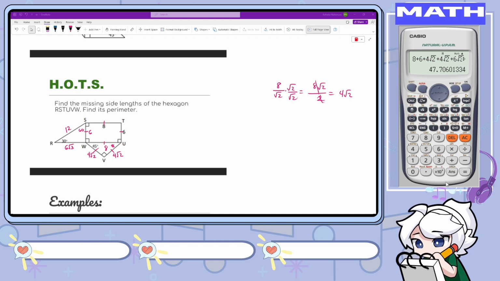And the answer is roughly 47.71. You can use that or you can use the radical form. Either way goes, I will consider the answer.